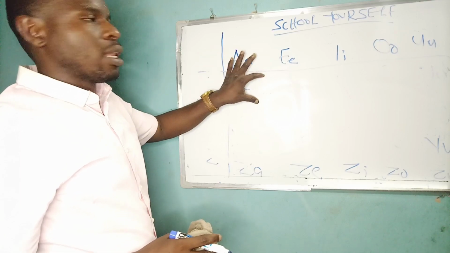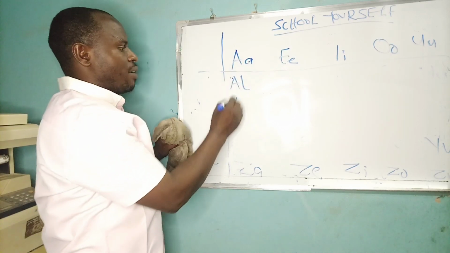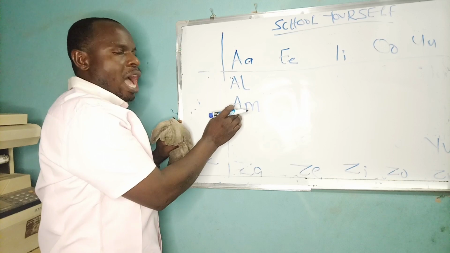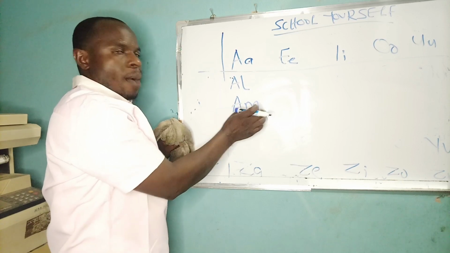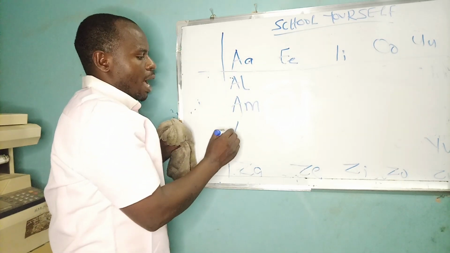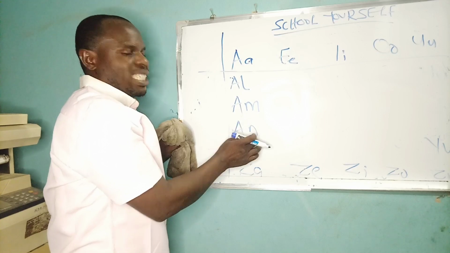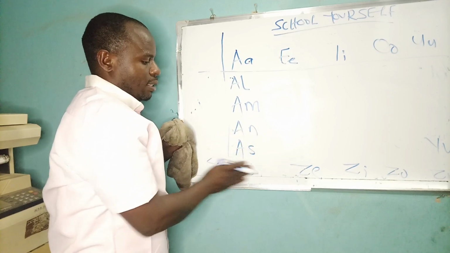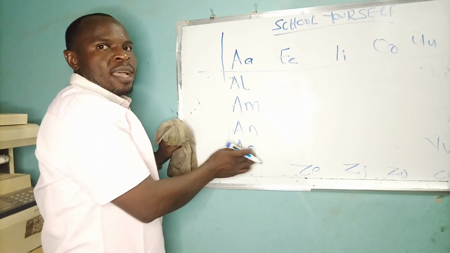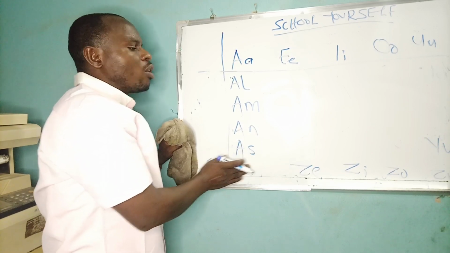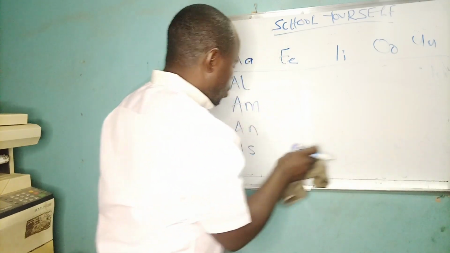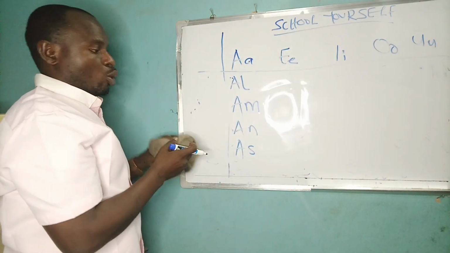That's al. And if I'm having a with n, an. So if you call those sounds on their own, it will be very easy for you to combine letters together.